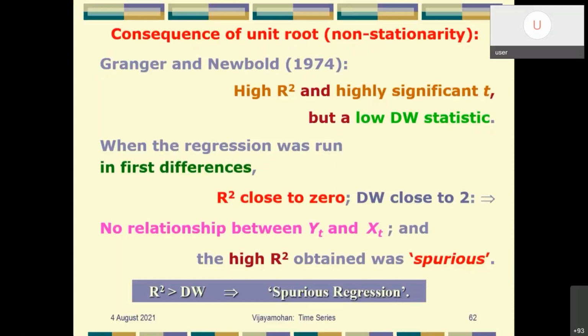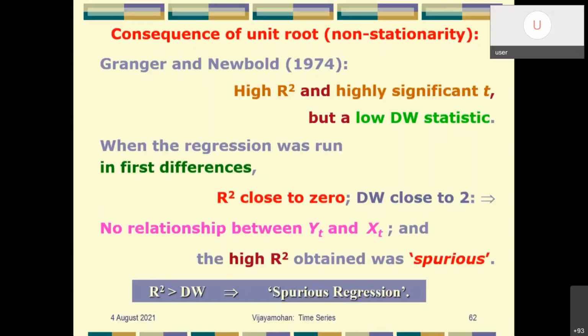Granger and Newbold suggested that whenever we have a case where R squared is greater than the DW statistic, then we have a case of spurious regression. That is an invalid regression. We cannot depend on that. That is, we have to make the series stationary and then do the regression.